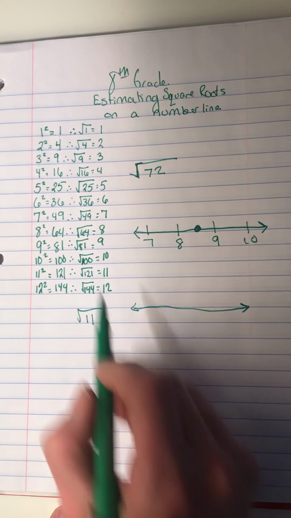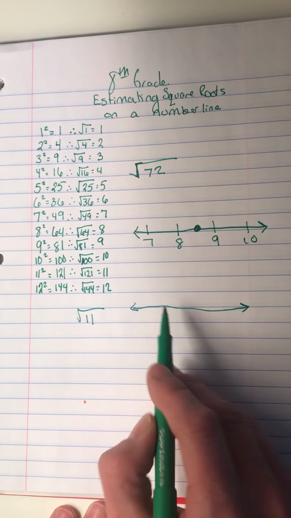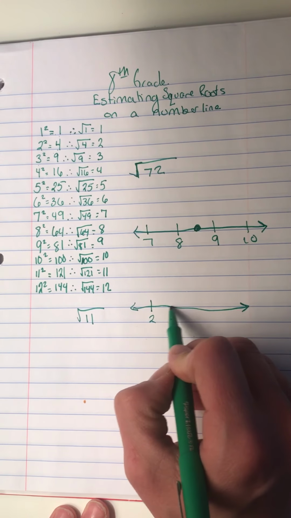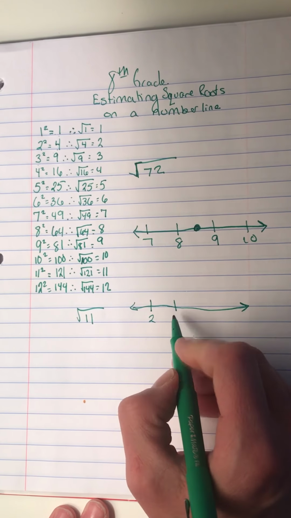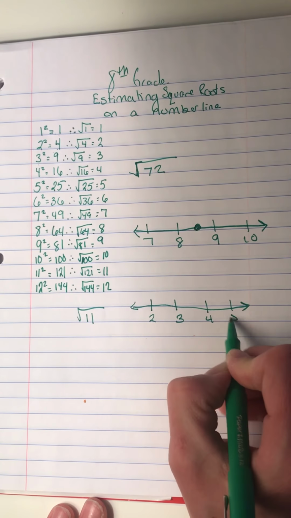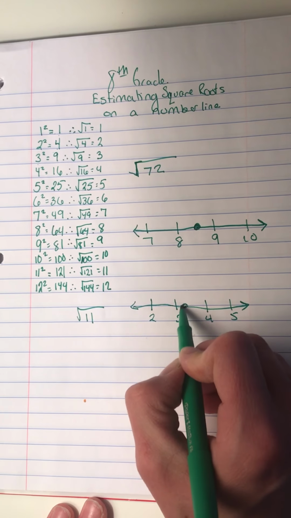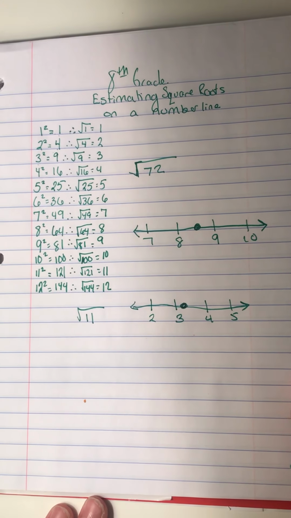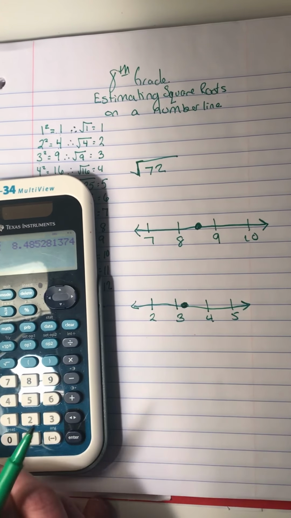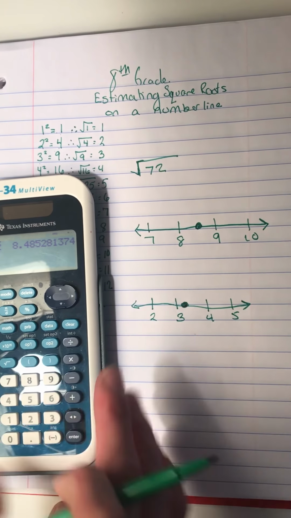But 11 is a lot closer to 9 than it is to 16. So I'm going to put my dot on my number line a lot closer to 3 than to 4. So maybe like right there. Probably even closer, but you know, we're not robots. These are just estimates.